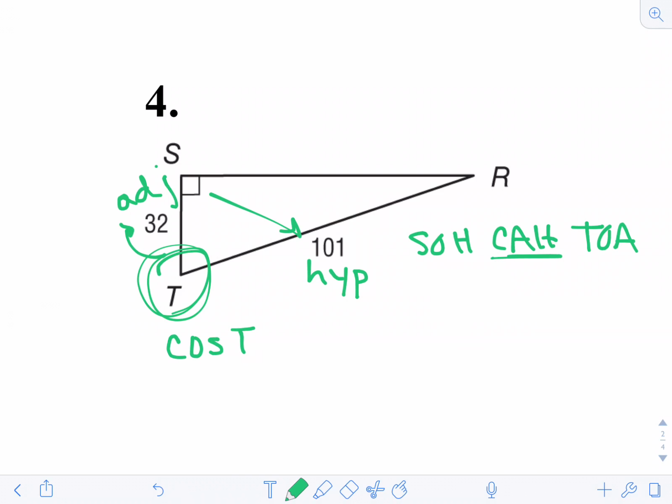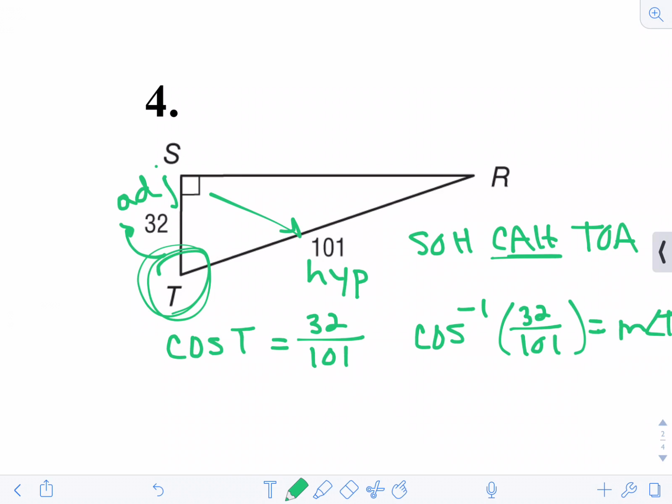So cosine of T is equal to adjacent is 32, hypotenuse is 101. The inverse of cosine of 32 over 101 will give you the measure of angle T. When you type that in and round to the nearest tenth, it should come out to 71.5 degrees.